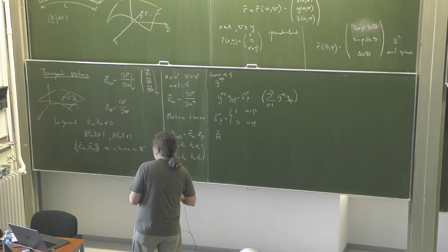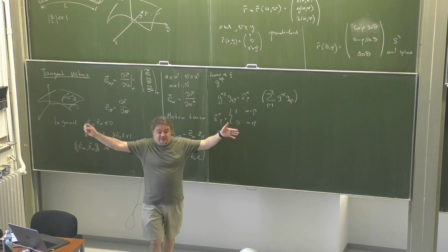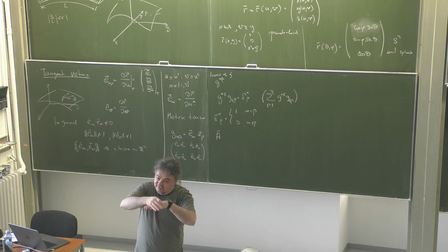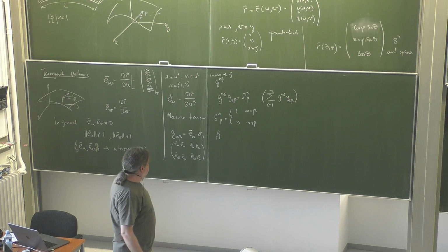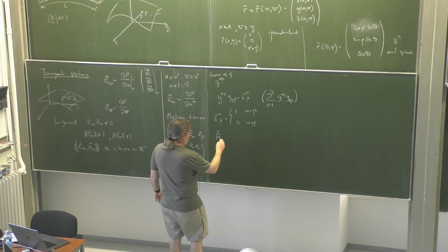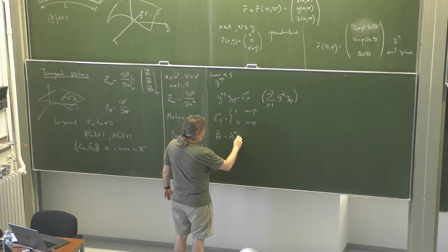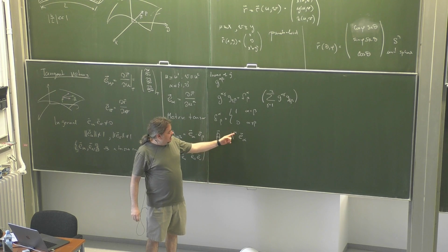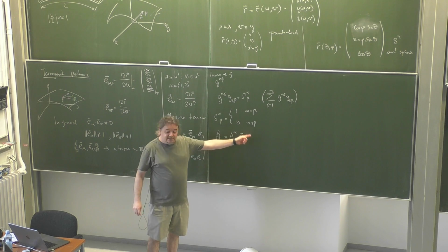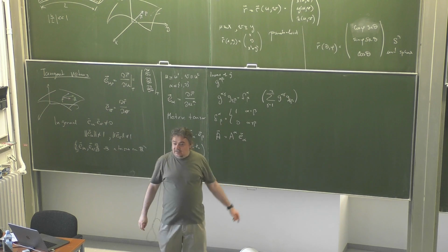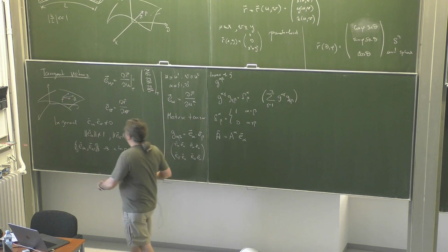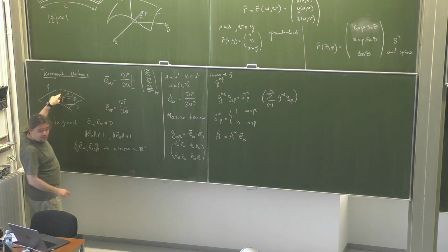You can think of it as a vector, just your regular vector sitting in R3, but you can also think of it as this special vector which is living in the tangent plane onto the surface. So I'm going to consider it that way, and I'm going to write it this way, right? So A equals A^u E_u plus A^v E_v, right? So these are just the components of this vector computed in this basis.